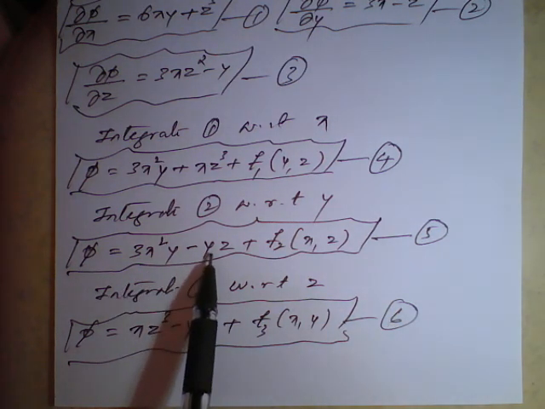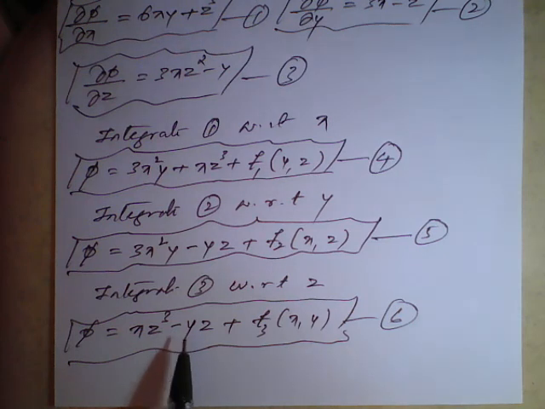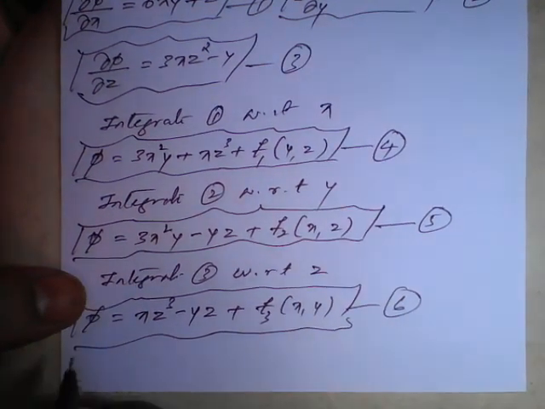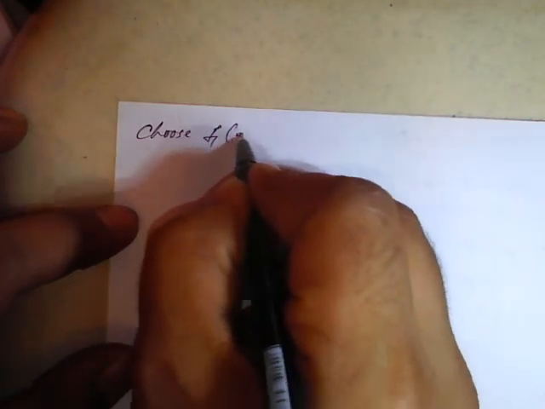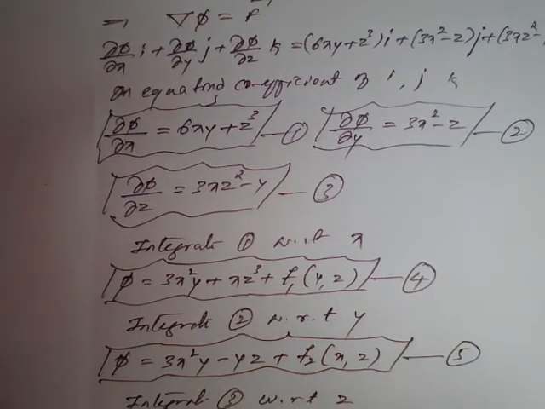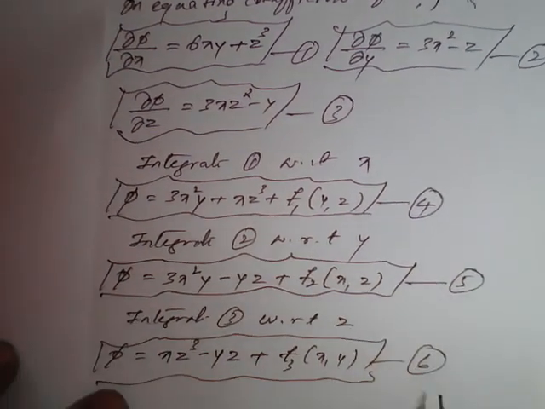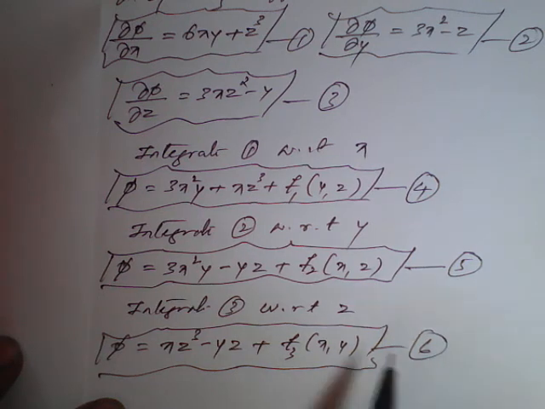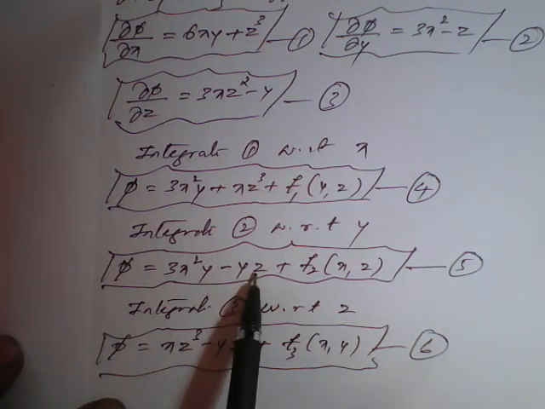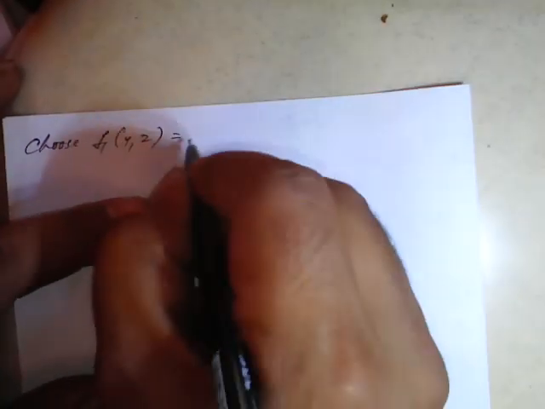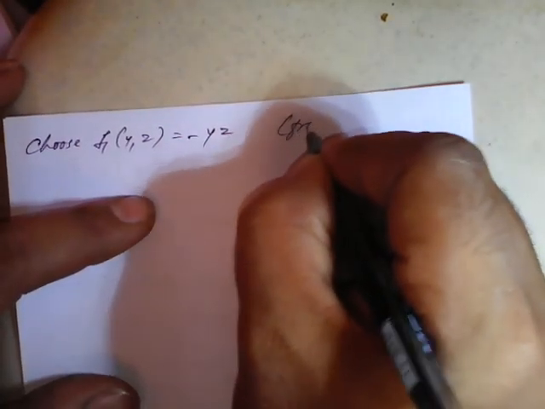So free from x is minus yz and free from x is minus yz. So in equation 5 and 6, free from x is minus yz and minus yz, which is a common, so I will write it is minus yz. So this is from 5 and 6.